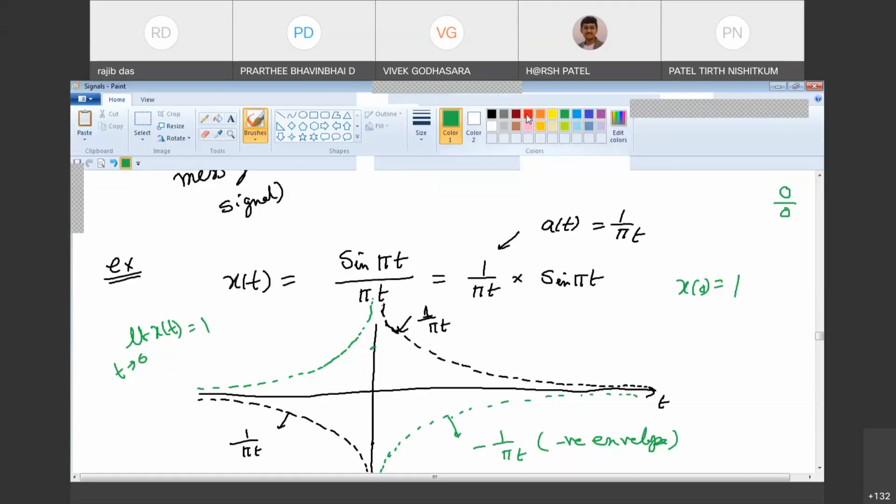Okay, I'll draw with the red one. So this is the 1 level. And then this sine value is decreasing.